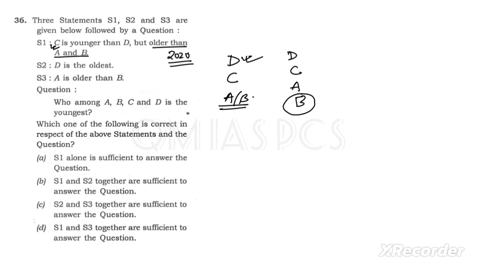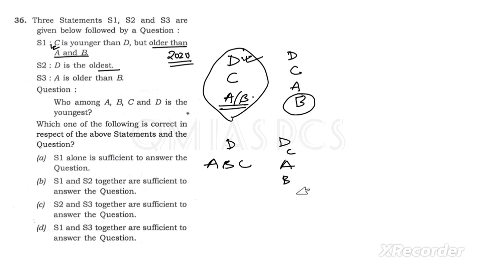If you eliminate statement 1, C is younger than D, are you getting the answer or not? Second, D is oldest. D is oldest means we don't know about A, B, C. Here are A, B, C. Third, A is older than B. So we don't know about C, whether C is here or here.